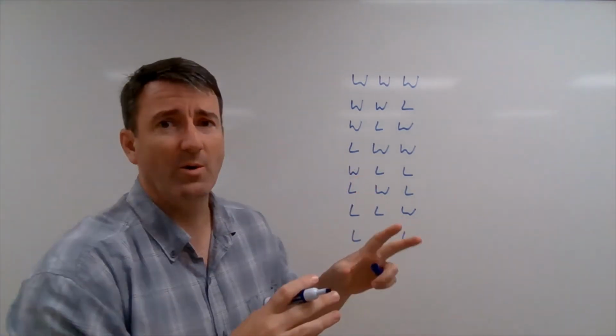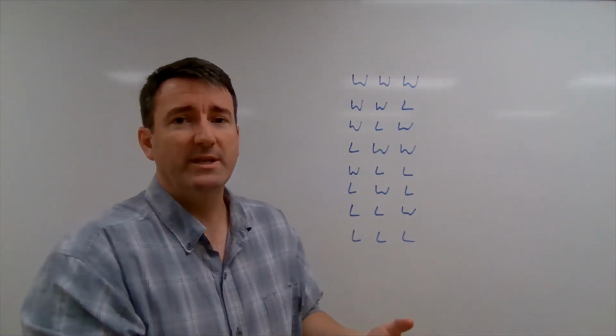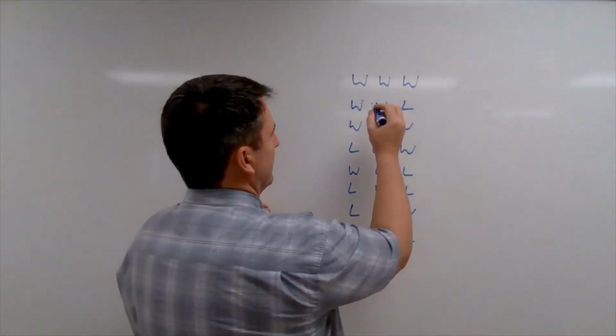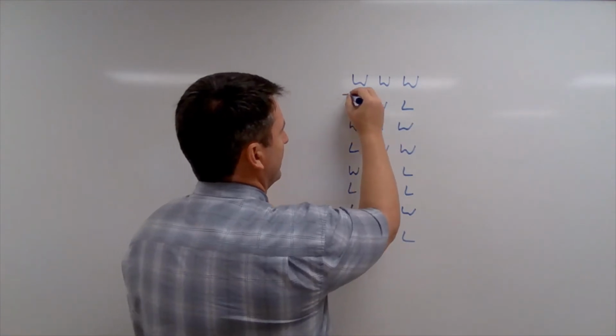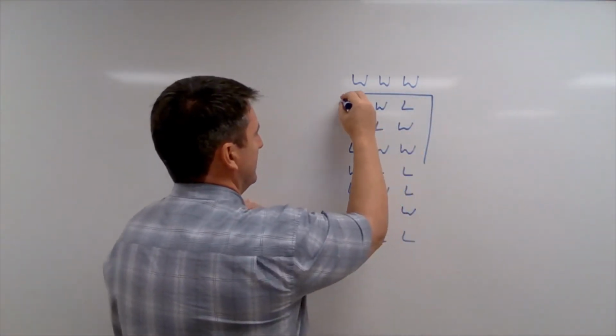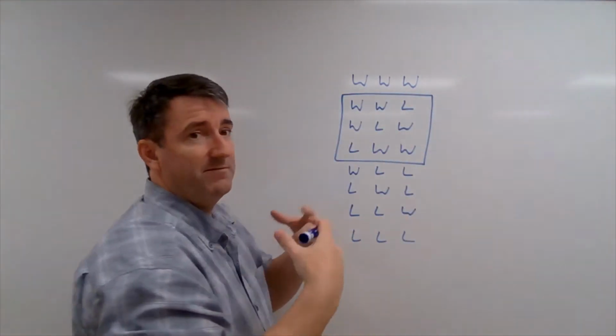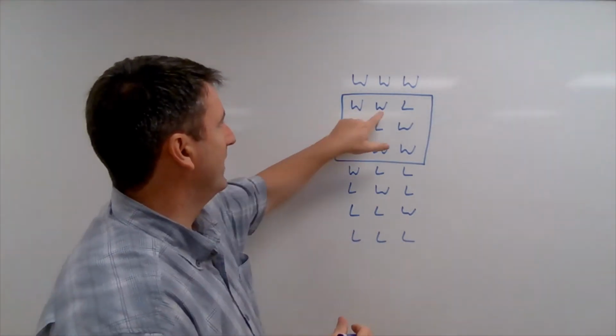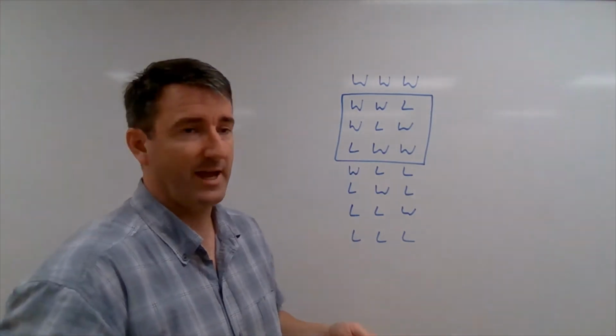And what we want to know is, what is the probability that they'll win exactly 2 games? You can see that there are 3 different outcomes where the Diamondbacks win exactly 2 of the 3 games.